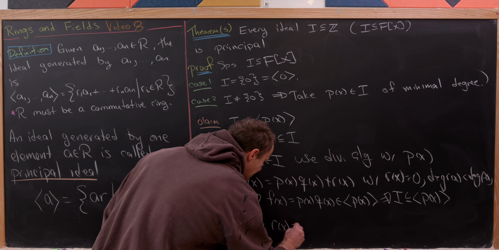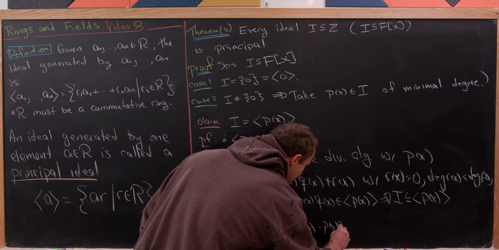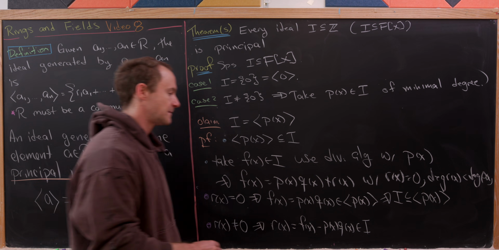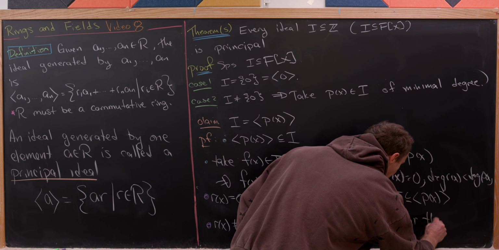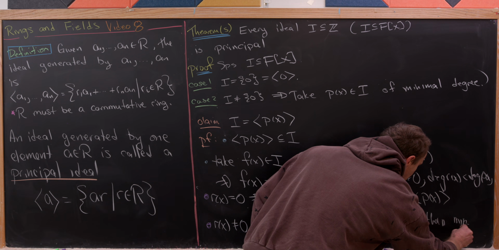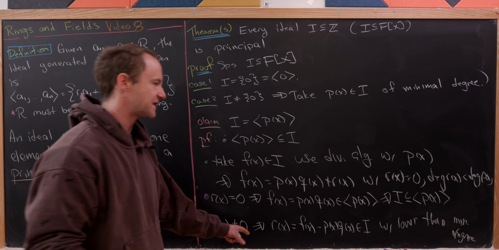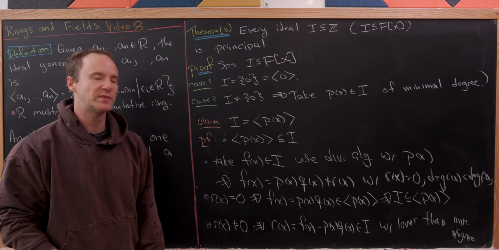We have r of x is equal to f of x minus p of x times q of x, which is inside of the ideal I with lower than minimal degree, right? Because if this is not the 0 polynomial, then its degree has to be lower than the degree of p of x.